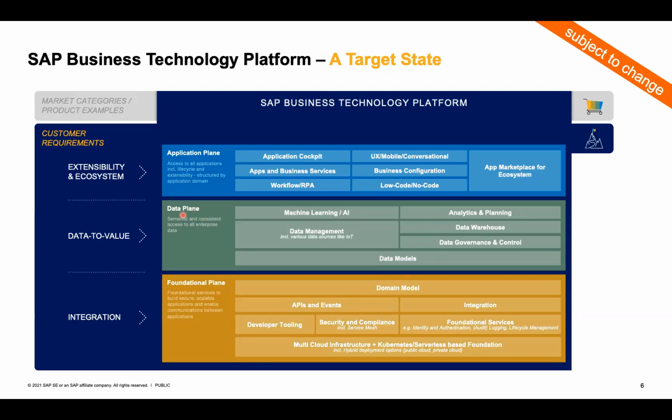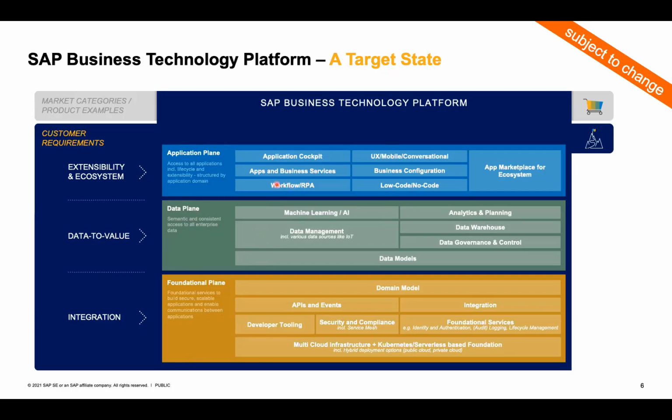Then on top of that, you see the data plane with a lot of different data technologies. So you would also find HANA somewhere in here, maybe other database technologies as well, data warehousing, analytics and stuff like that. And then on top, and that's where now our today's topic comes into the equation, we find the application plane, which builds on top of these other two layers.